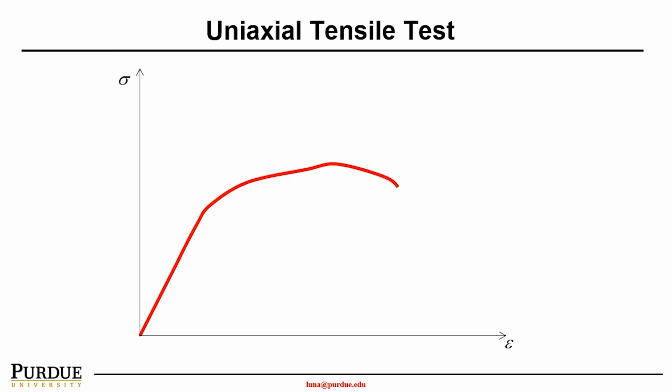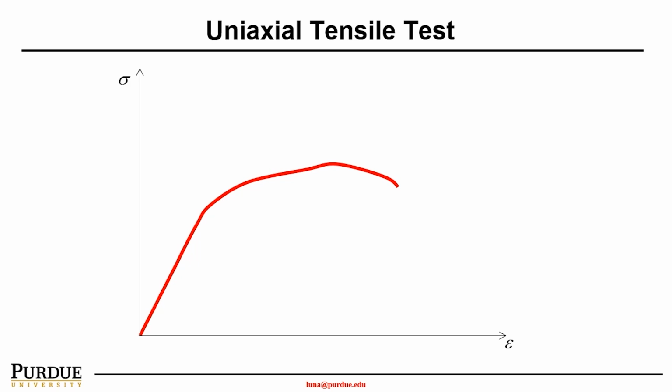By conducting uniaxial tensile testing and plotting the stress-strain curve, we can expect the material's behavior to differ under different stress and strain. Therefore, we can understand the material property just by looking at this simple stress-strain curve, sigma over epsilon.